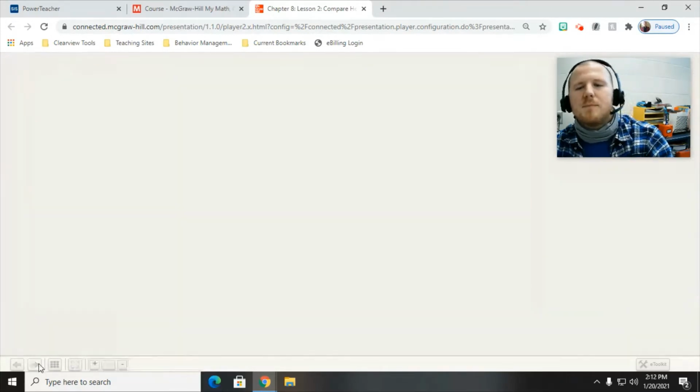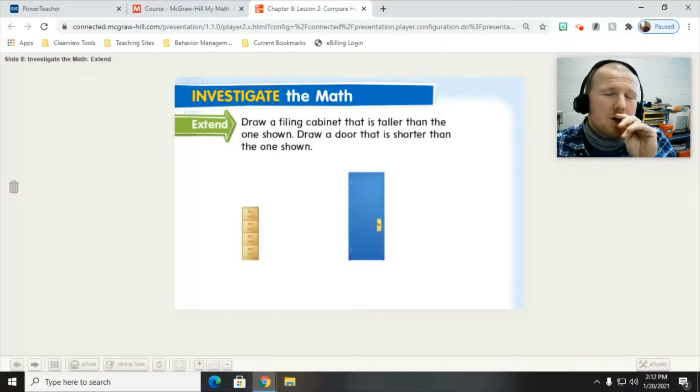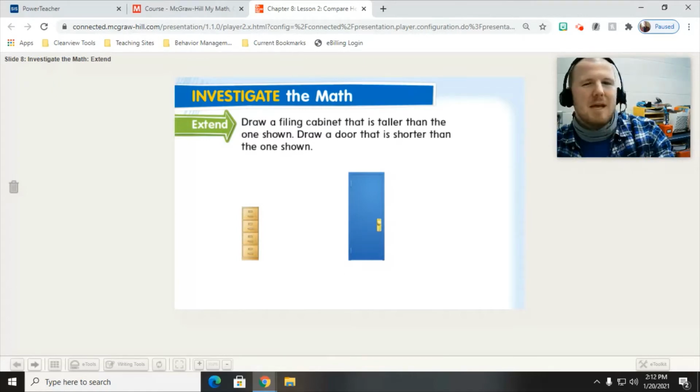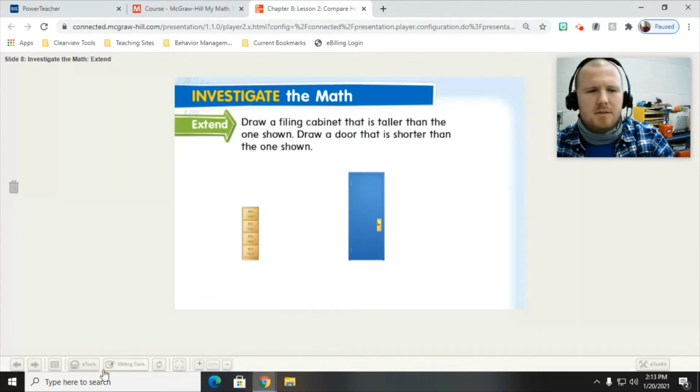I know it looks obvious, and sometimes it is, but when you're talking about your friend and who's taller, and then you line them back to back, sometimes it's not so obvious. Sometimes it looks the same, and you have to use those little details to see. But let's look at this filing cabinet. They want us to draw a filing cabinet that is taller than the one shown. Okay, well, that's simple.